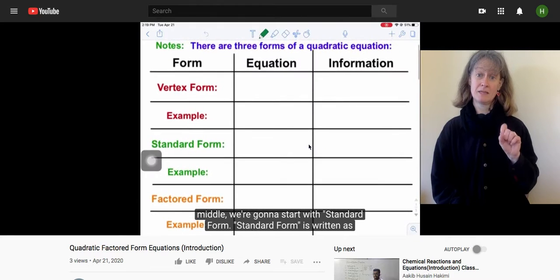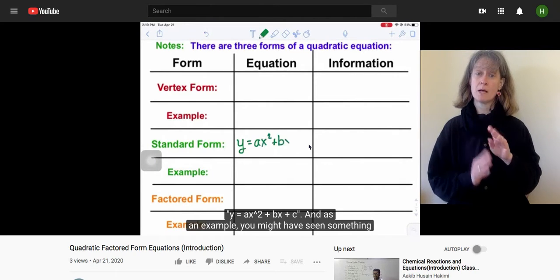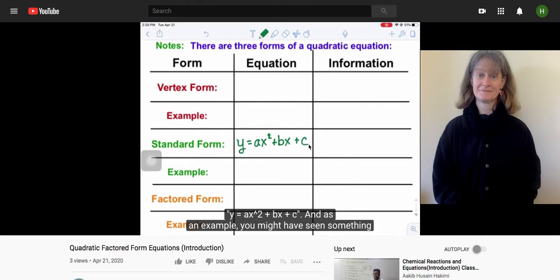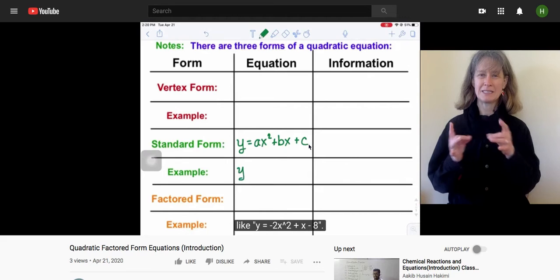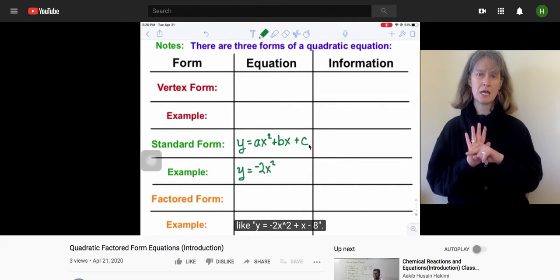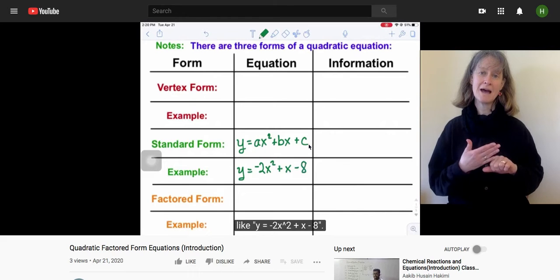Standard form is written as y equals ax squared plus bx plus c. And as an example, you might have seen something like y equals negative 2x squared plus x minus 8.